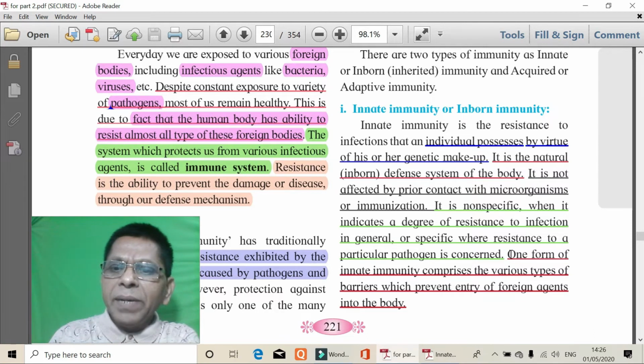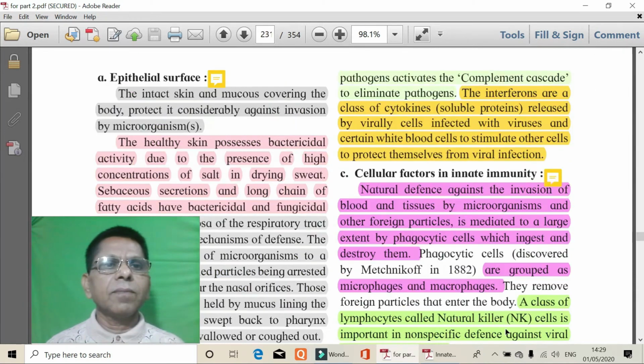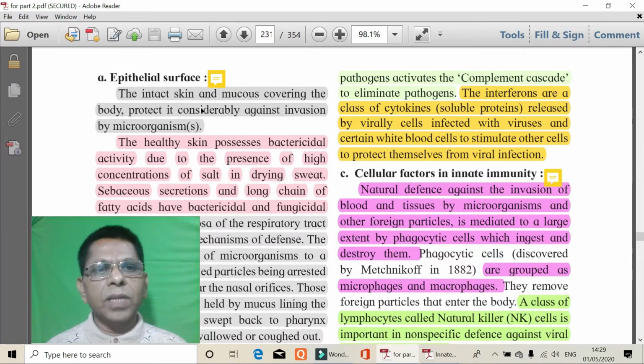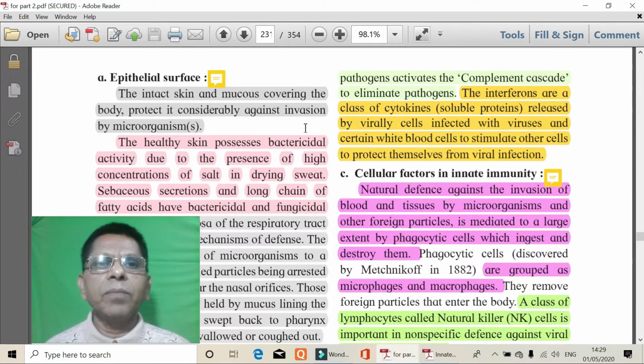Next to this, we are going to study that here it has been written, one form of innate immunity comprises the various types of barriers which prevent the entry of foreign agents into the body. Epithelial surface. So my dear friends, under the heading of epithelial surface, whatever organs, tissues and chemicals we are going to study over here are collectively called the components of the first line of defense of the innate immunity system.